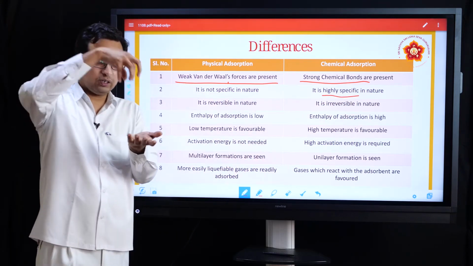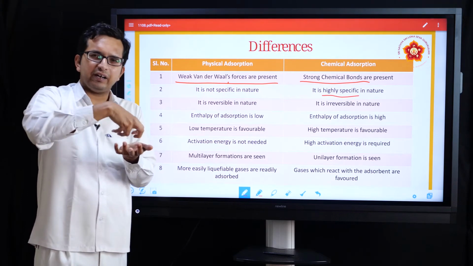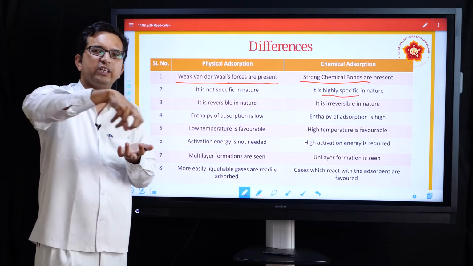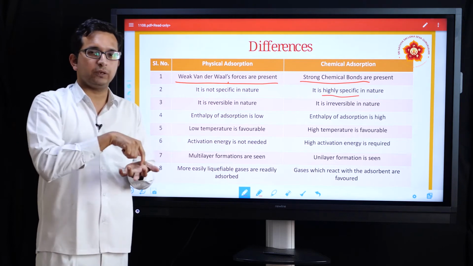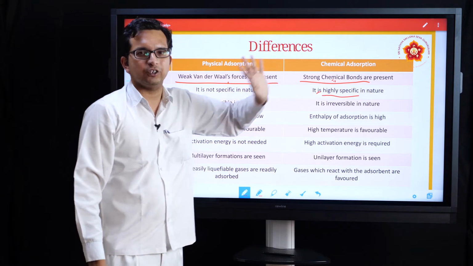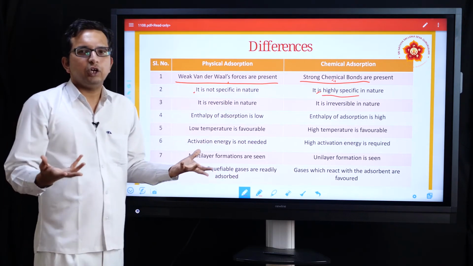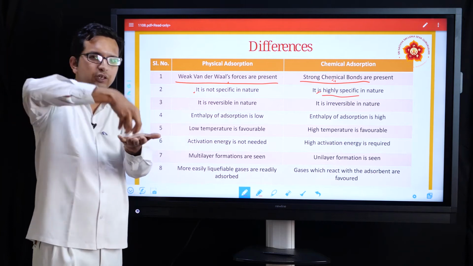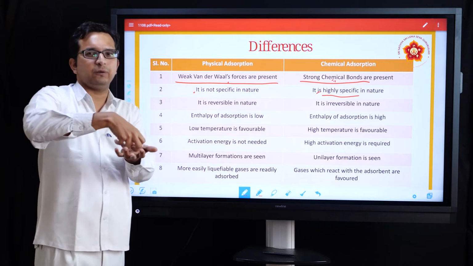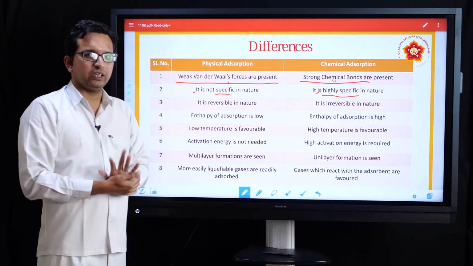If a molecule is getting attracted on the surface, it will be tightly held. The molecule will not be moving here and there. It will be held at a particular place because it is held by tight, strong chemical bonds. Whereas what is the problem with this? It's a weak force, so you can't guarantee that the molecule will stay at one particular place. So it will not be exactly specific in nature.